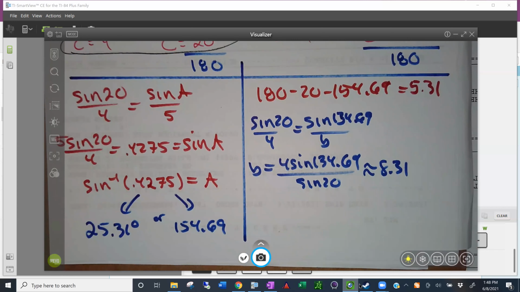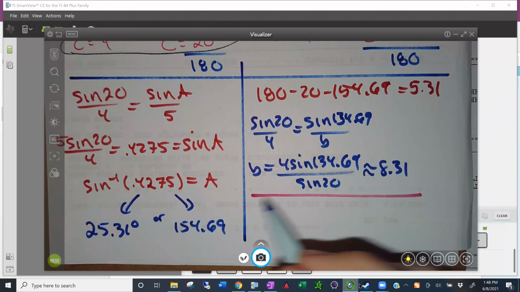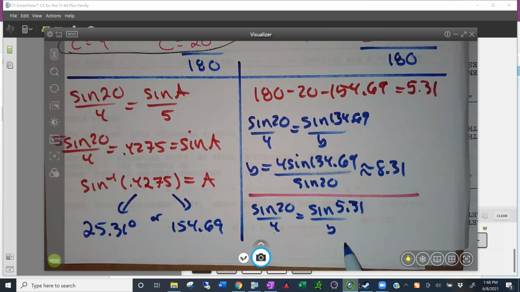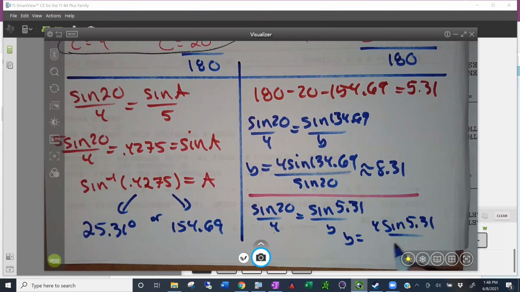All right, so to finish this one up, it's going to be kind of like the last one: sine of 20 over 4 equals sine of 5.31 over b. Solving for b, b is going to equal 4 sine of 5.31 over sine of 20.